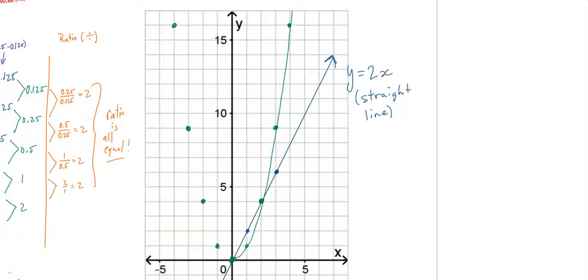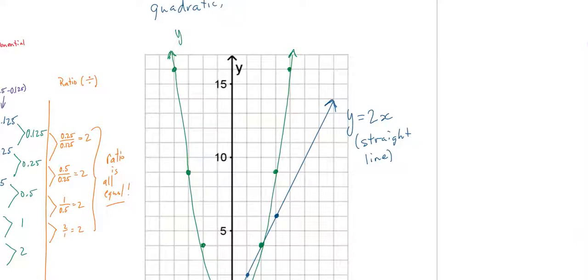So this one is y equals x squared, and it's a parabola. And remember, if it's an exponent of 2 on the x, we know that it's quadratic. We know it will make a parabola. That's something we should just know, be able to recognize from the equation.